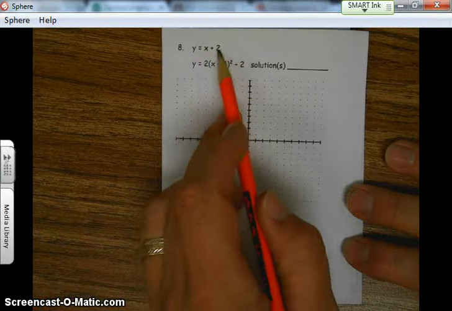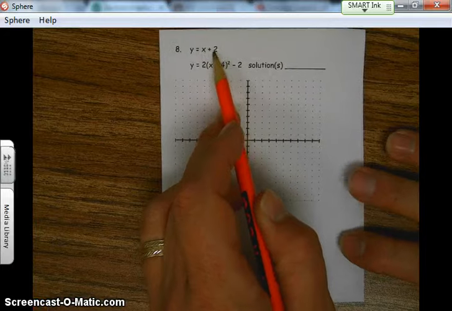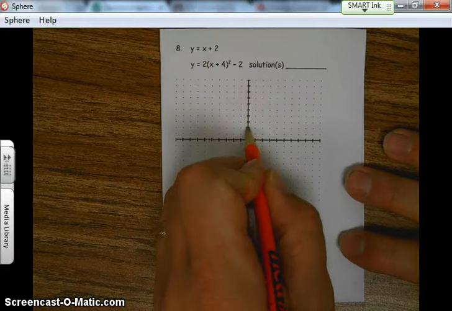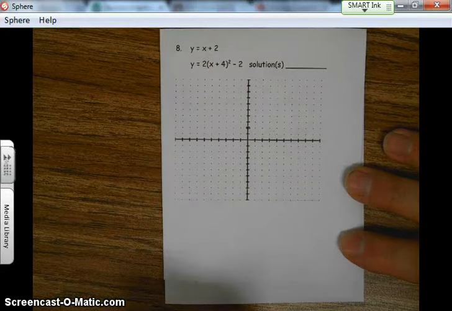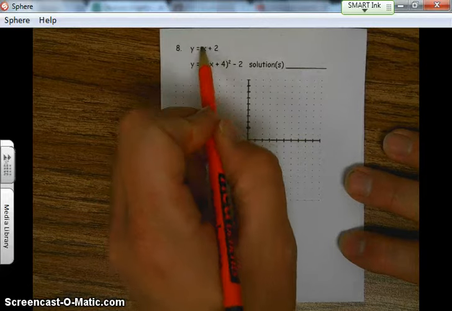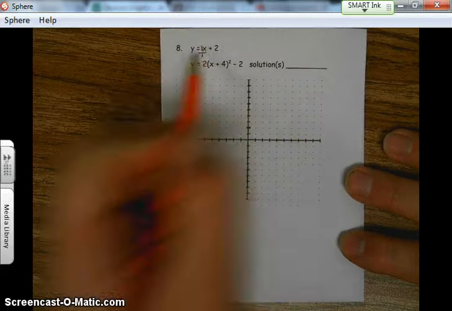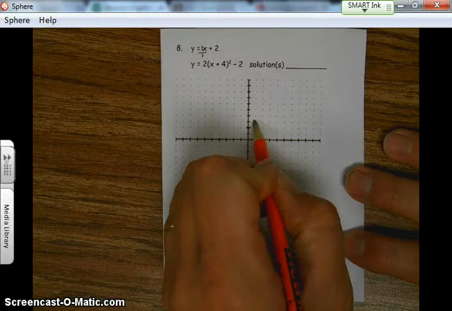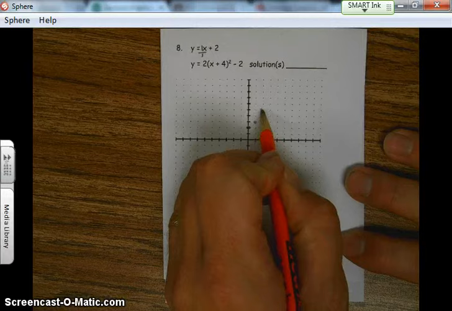So let's start off by graphing the linear function, y-intercept of 2, okay? And then slope is 1 over 1. So we rise and we run.